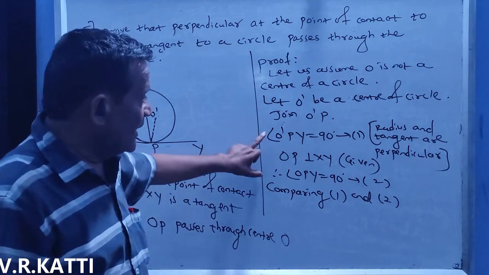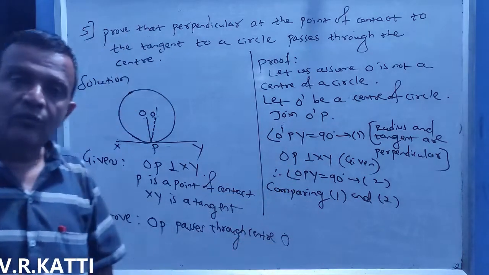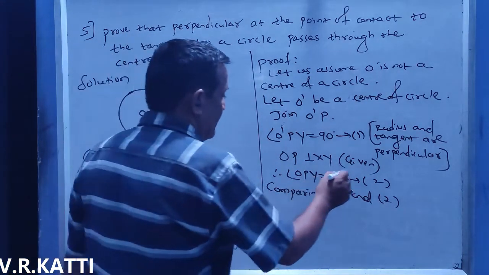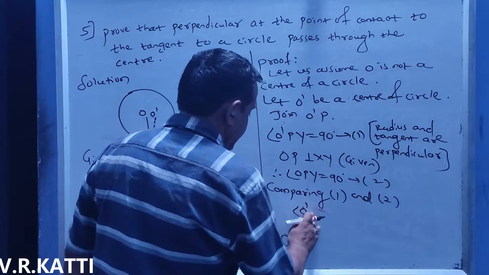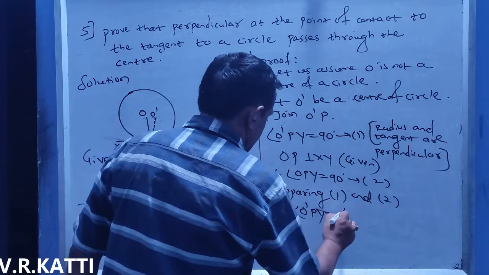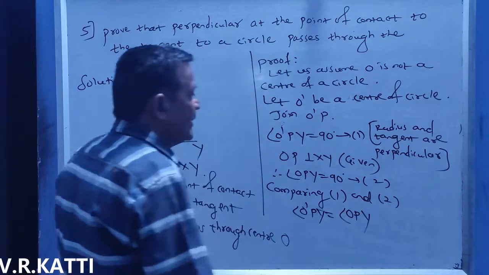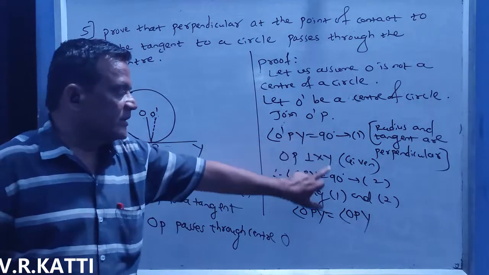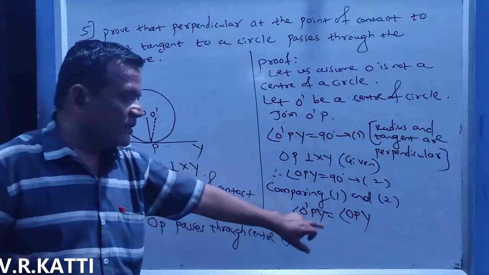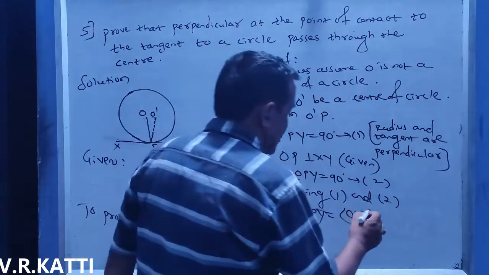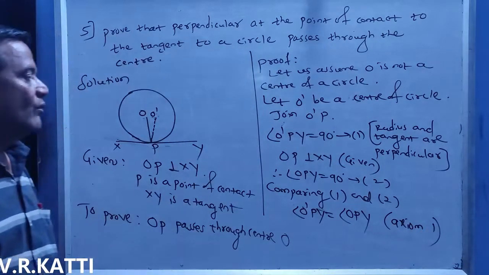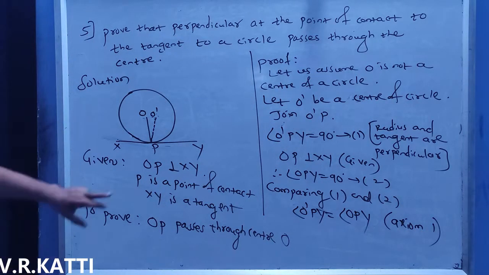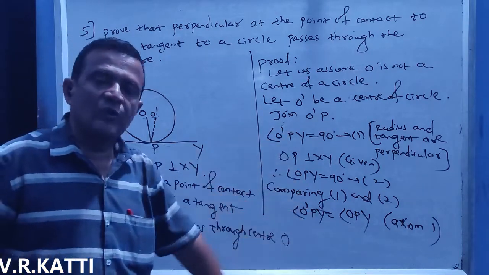So angle O dash PY equals angle OPY, both are 90. Axiom 1: both are equal, O dash PY equals OPY.